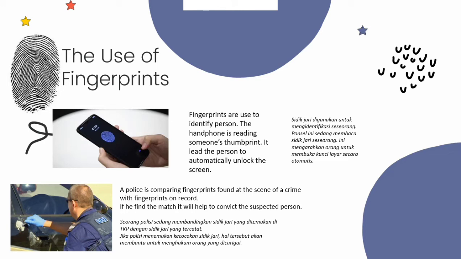It lets the person automatically unlock the screen. A police officer is comparing fingerprints found at the scene of a crime with fingerprints on record. If we find a match, it will help to convict the suspect.